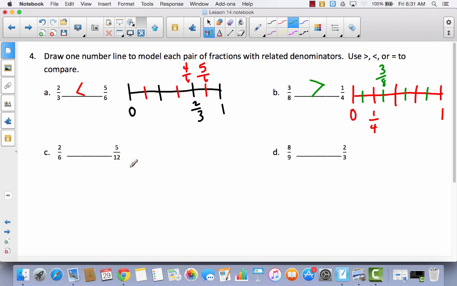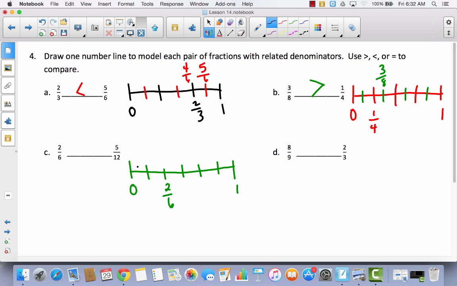All right, let's try this one. Again, neither one of these fractions is greater than 1. I can tell because the numerator is smaller than the denominator. So we're going to begin with 0 to 1, and we're going to divide this into 6 parts. I'm going to divide in half, and I'm going to divide each half into thirds, just like this. Now I have 1/6, 2 sixths. So now I have to divide this into 12ths.